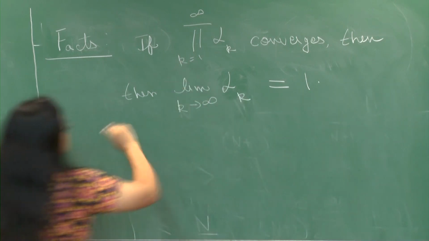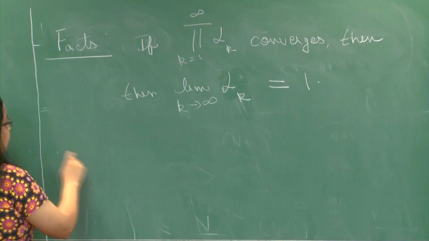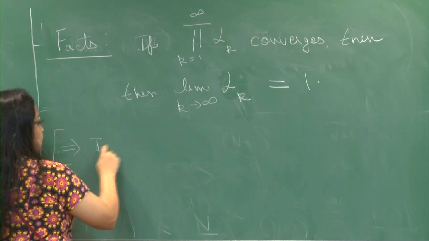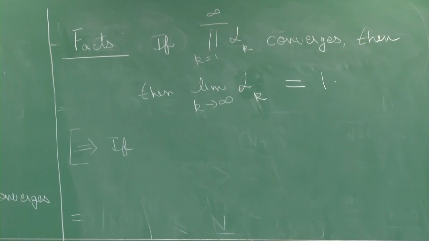Therefore, the kind of products that we will be looking at will be written in the form of 1 plus something.